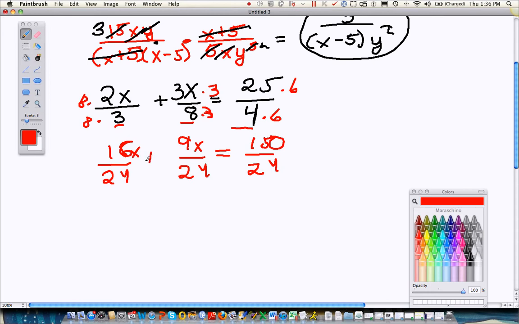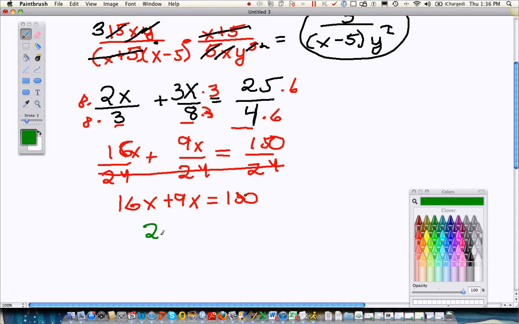Now, here's the magic rule that will work. As long as your bottom numbers are the same and you've adjusted your top numbers accordingly to reflect that, you actually can then cross out your bottom numbers and pretend they don't exist, being left with 16x plus 9x equals 150. Now, if we do some combining of like terms on the left-hand side, we have a 16x and a 9x.